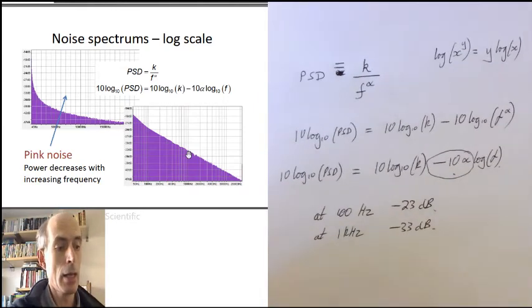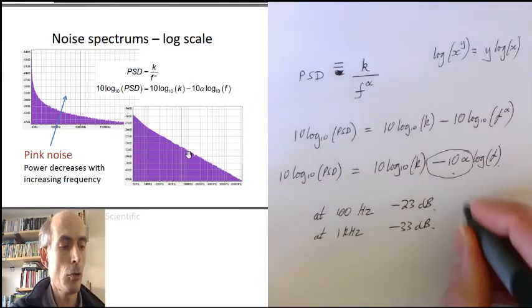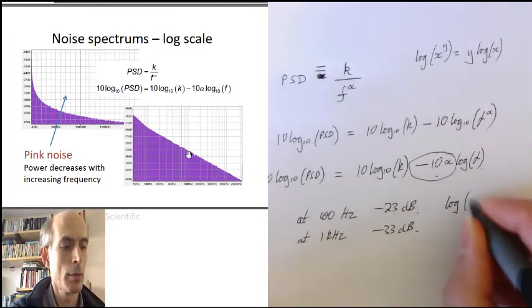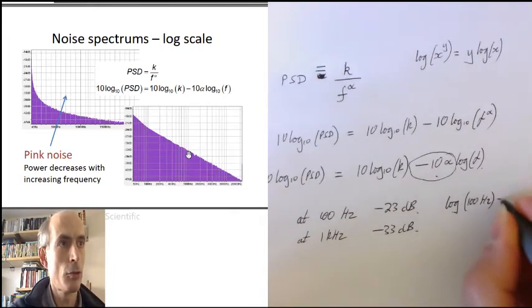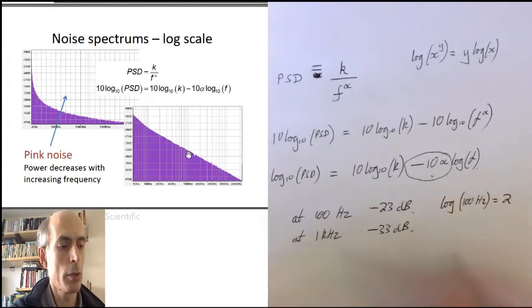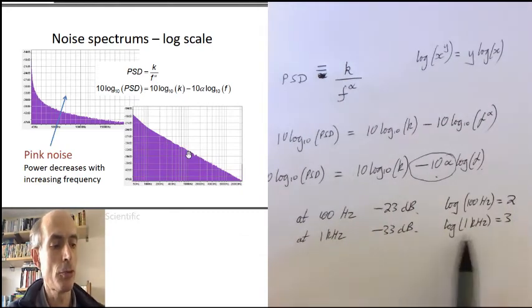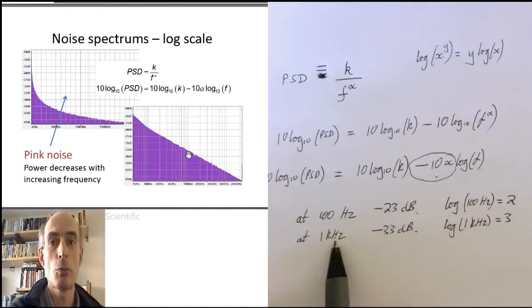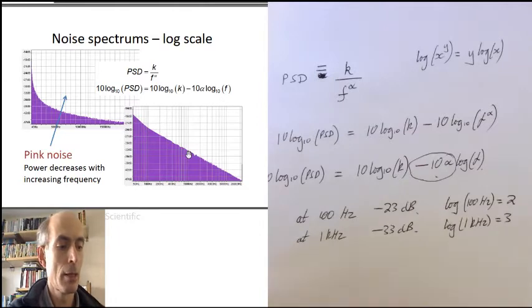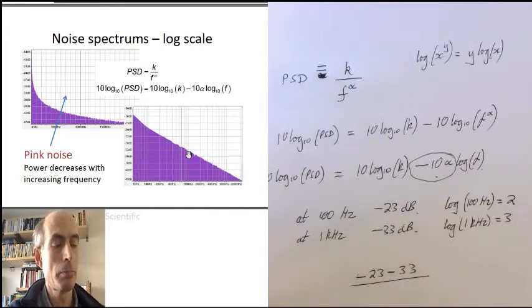Now, at 100 Hertz, log of f is 2. At 1 kilohertz, log of f is 3. So we have 2 points on our graph here. That means we can work out the gradient. The gradient would be, in this case, minus 23 minus 33 divided by 2 minus 3.